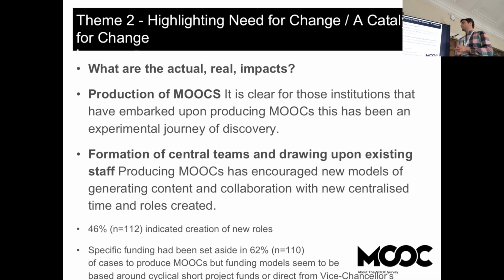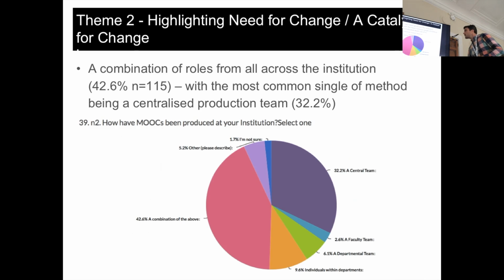Often there's a formation of central teams or use of existing central teams, as well as drawing upon existing staff, and that leads to more collaboration than ever before. In fact, that previous presentation at the University of Aberdeen said they had massive collaboration across people and structures that had never sat around the table before. So that's quite encouraging, I think.